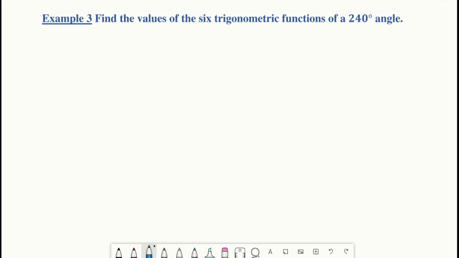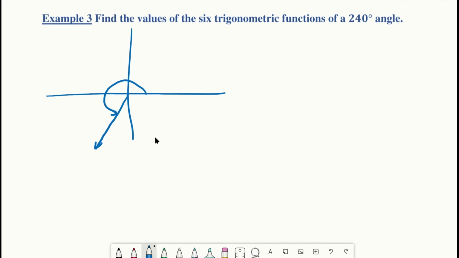Notice that we're dealing with 240, and we already saw that it's going to be around here. So we still do need to find the reference angle, this angle right here. It's 240 minus 180, which is 60. So we can put that in here.